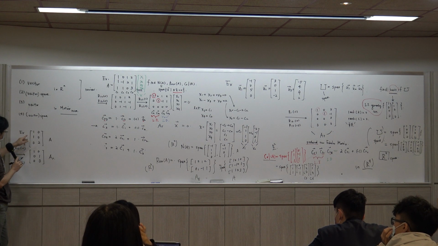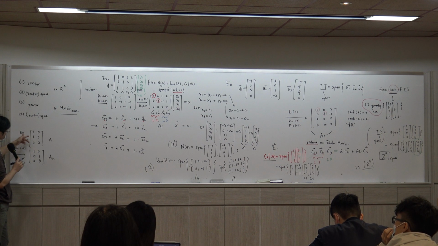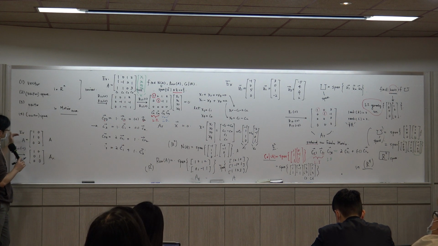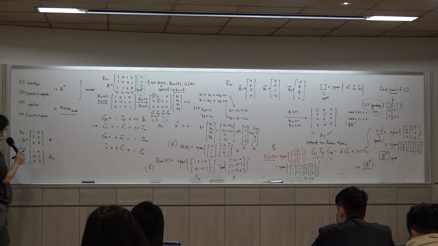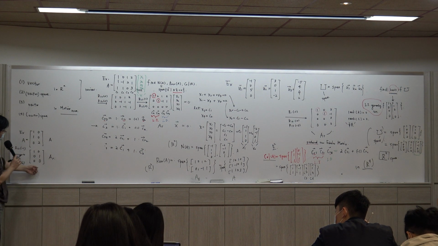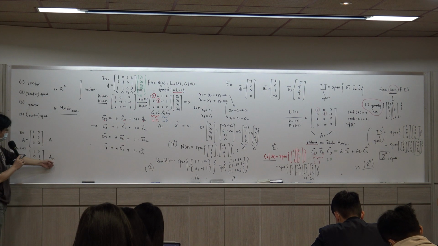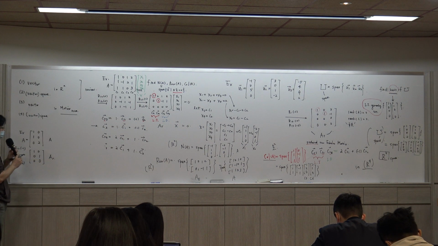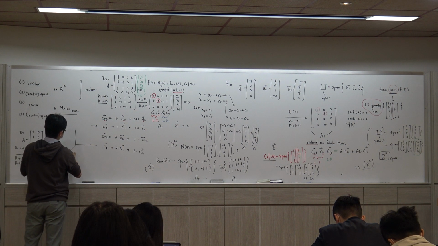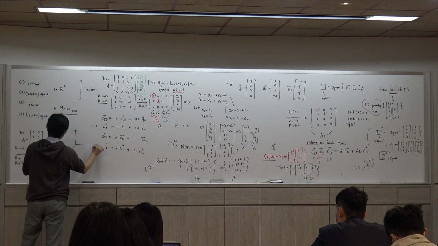Then we can swap the second and third rows. So we can have 0 in the second row. Then we can multiply the second row by 1/2. So we can have the reduced echelon matrix like this. So we just plot a space.